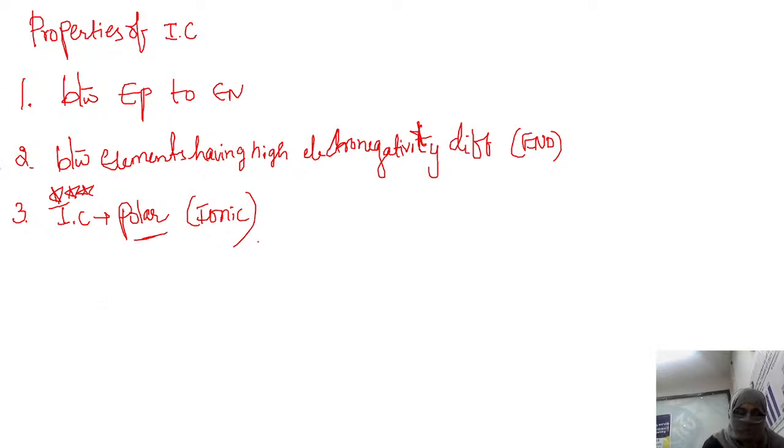And do you know the compound which has charges will definitely carry current. Let's talk about conductivity. Current is always carried by two things, either by electrons or by ions. Ionic compounds have ions, hence they carry current.